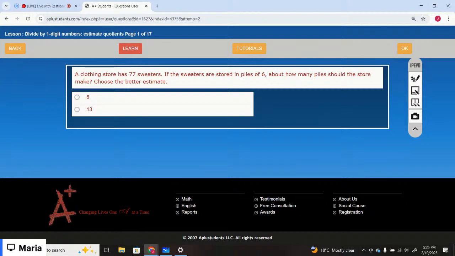A clothing store has 77 sweaters. If the sweaters are stored in piles of 6, about how many piles should the store make? Choose the better estimate.